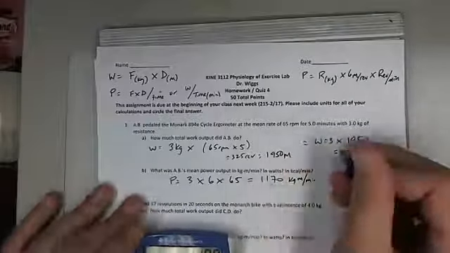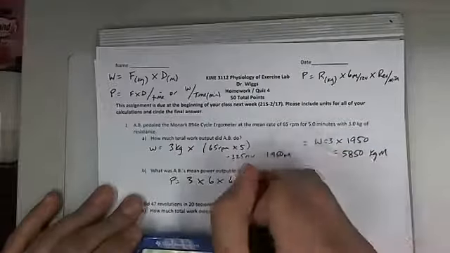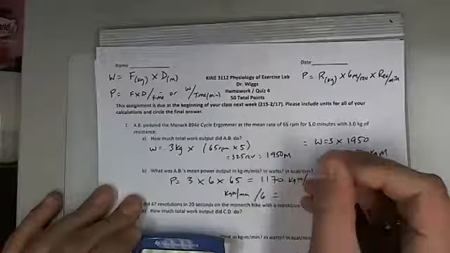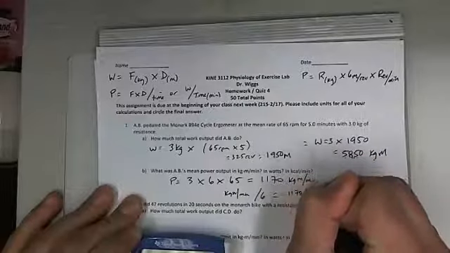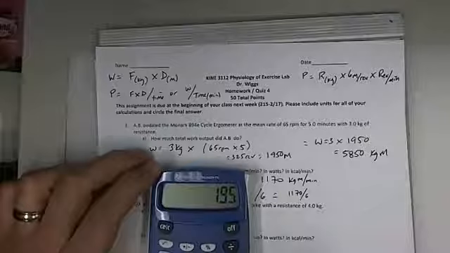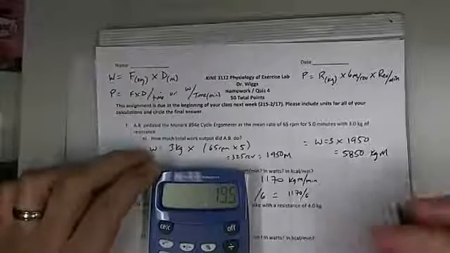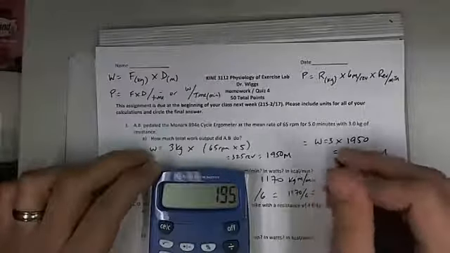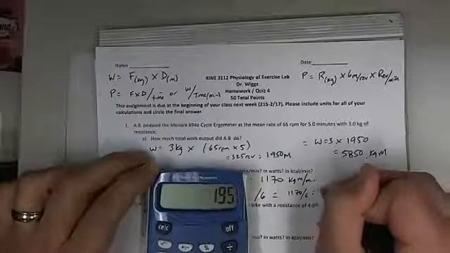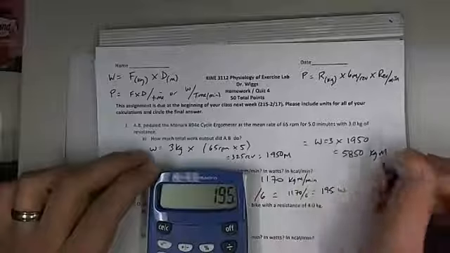To go to watts, watts is just kilogram meters per minute divided by 6. So we have 1170 divided by 6 equals 195 watts.